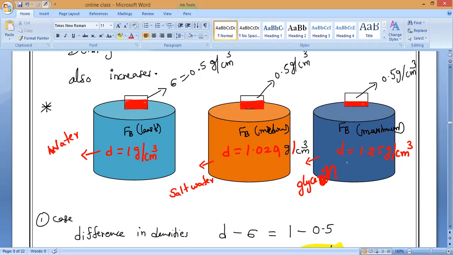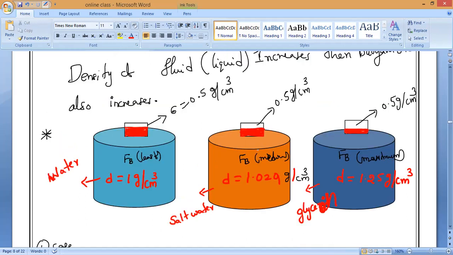So all of you should understand that as the density difference between object and liquid increases, the immersed portion decreases, but the buoyancy force increases.